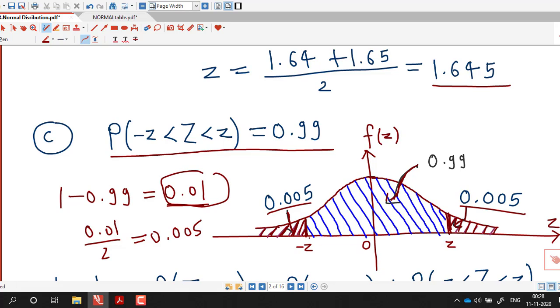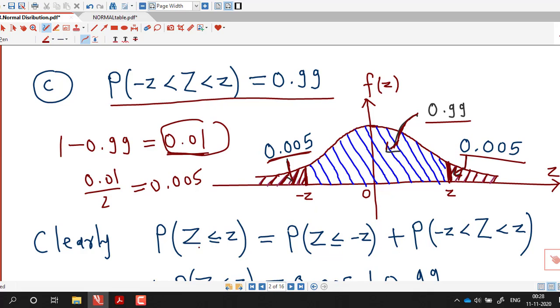So the area to the left of minus z is 0.005, and the area between minus z and z is 0.99. If we want to write down the area to the left of z, that area is nothing but 0.005 plus 0.99.